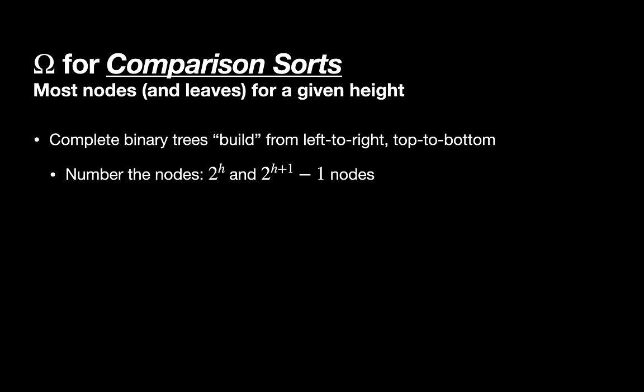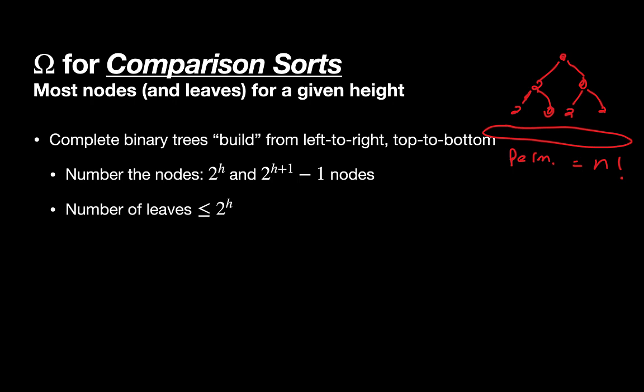So if you remember our little example tree, it looks something like this, had all the nodes, and the bottom layer represents the permutations, and we had n factorial permutations. So if we have one of these complete dense binary trees, the number of leaves in the tree is less than or equal to 2 to the power of h.